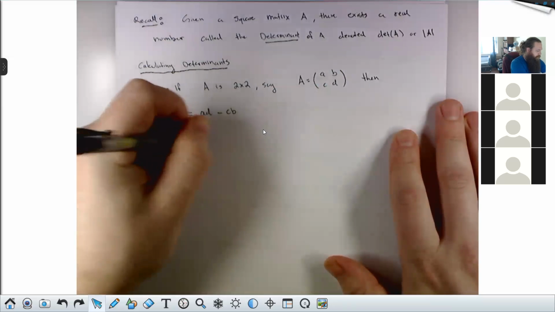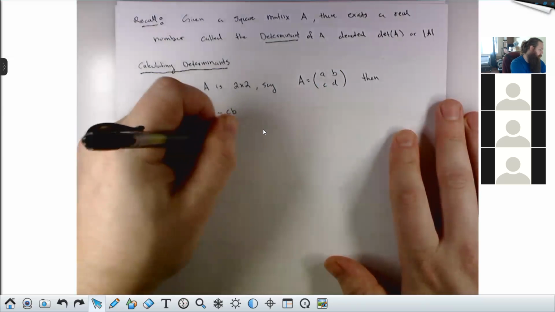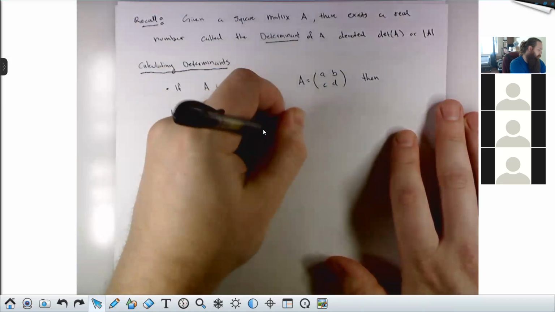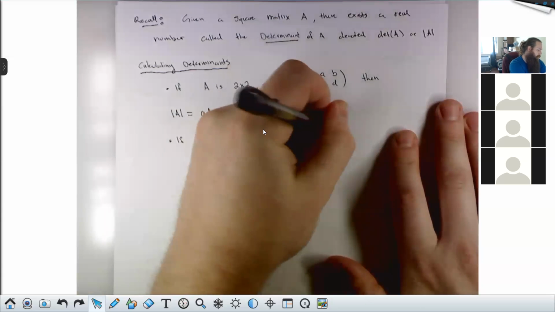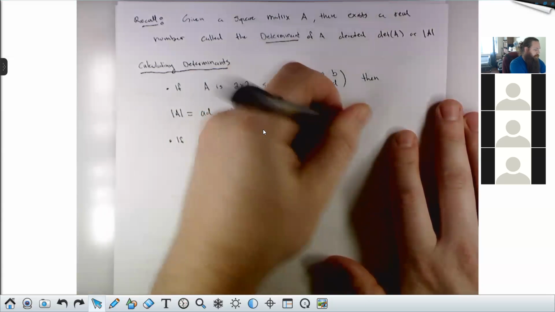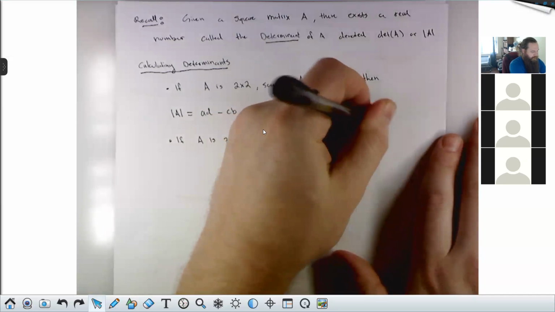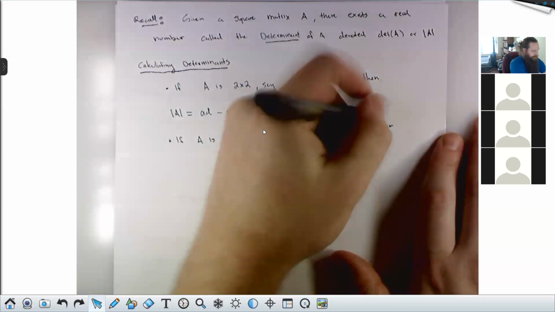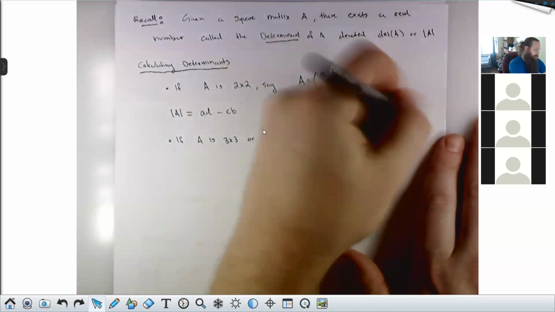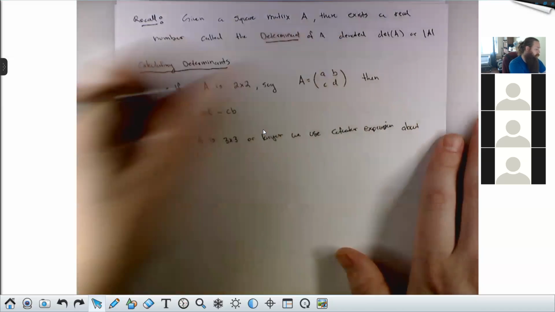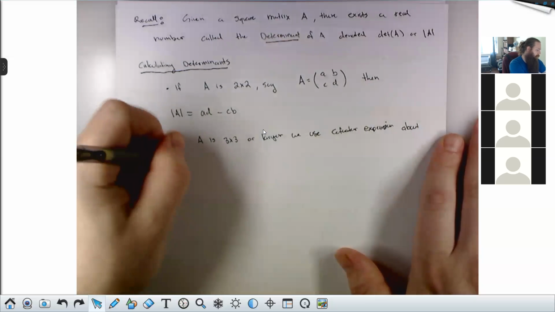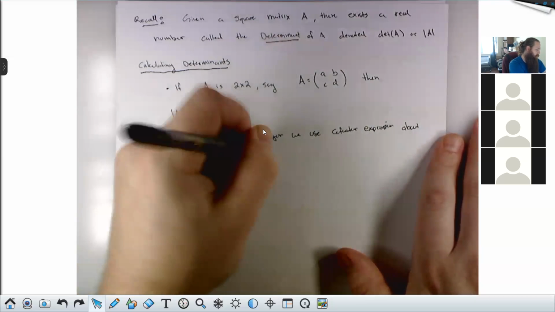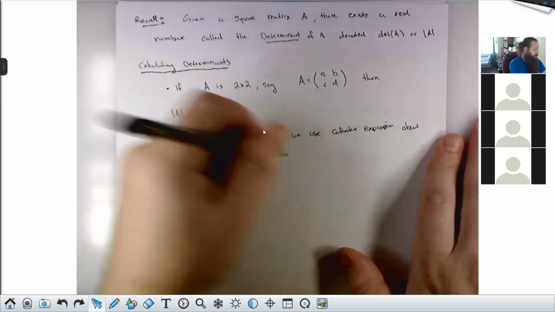If A is 3 by 3 or larger, we use what's called cofactor expansion about a chosen row or column.